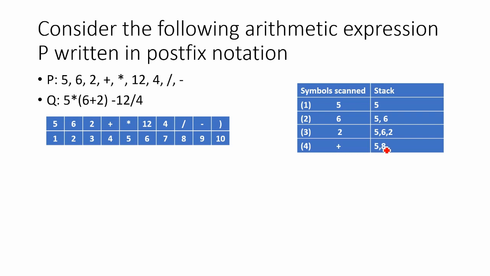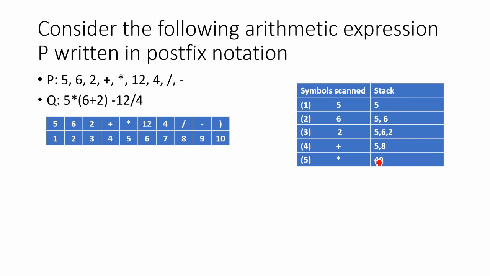The next character to be scanned is the multiplication. What do we do here now? We pop two operands, these two operands are multiplied, and the result is pushed back onto the stack. So 5 into 8, 40, we will be getting onto the stack. Now the 40 is there in the stack.